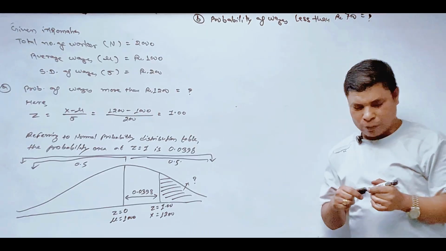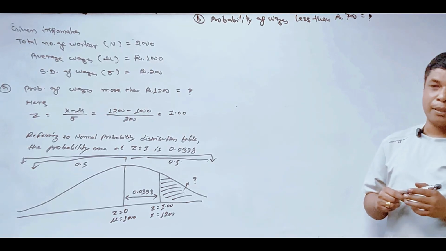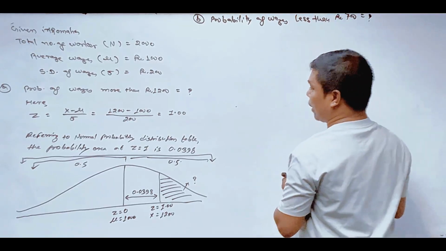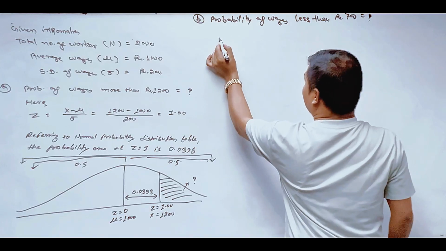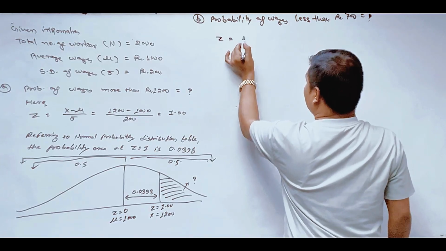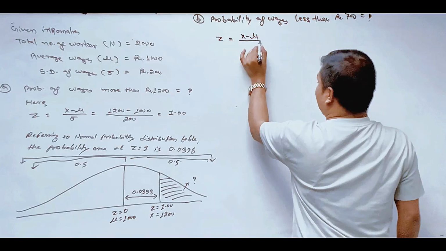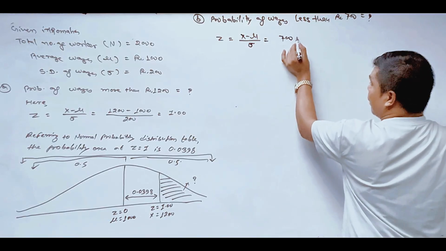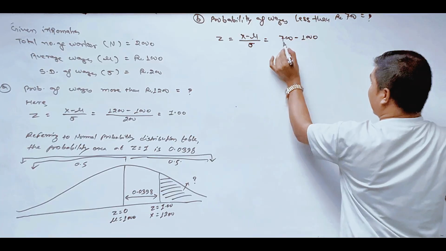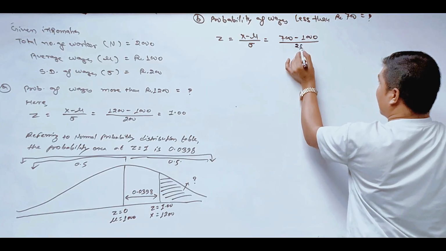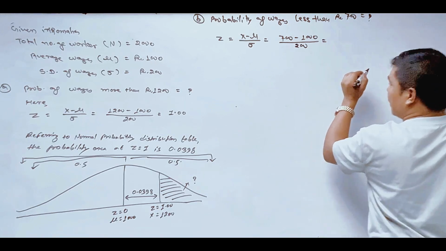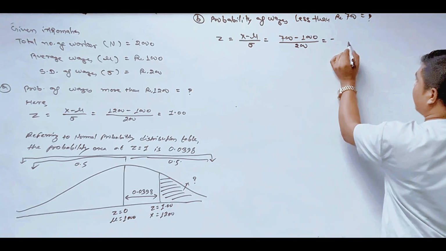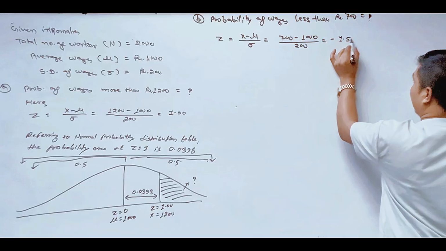The second question is about the chance of getting wages less than rupees 700, and we follow the same process. At first we calculate the Z score. Z equals x minus mu divided by standard deviation. X is 700 and mu is 1,000, divided by a standard deviation of 200, and the result is minus 1.50.